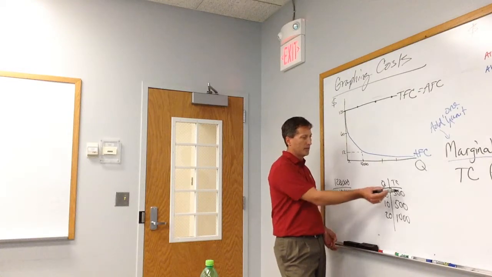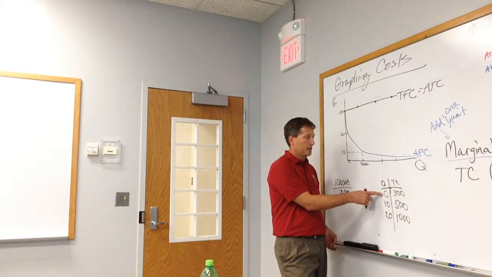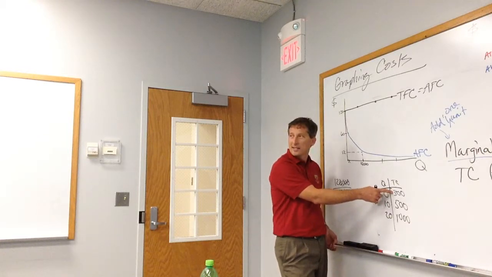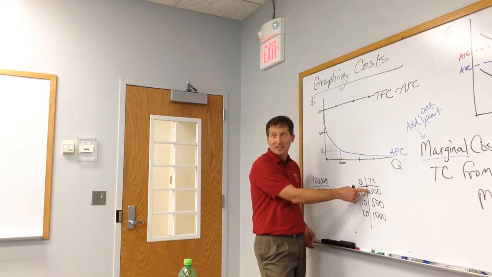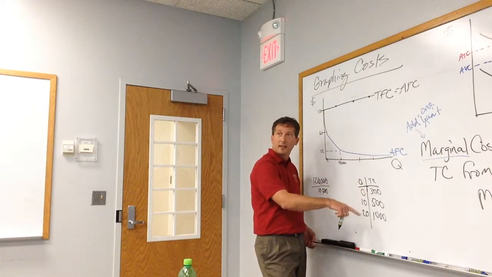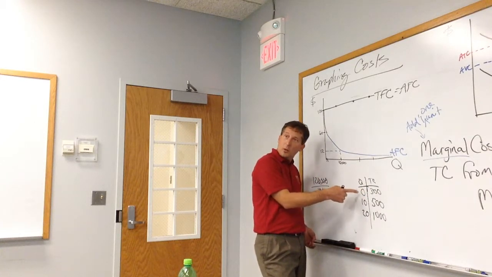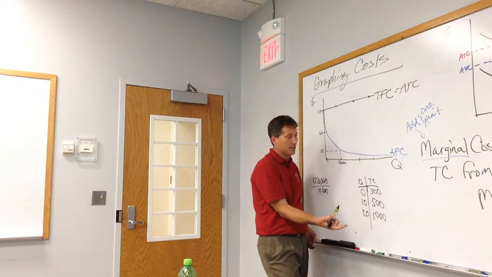Now wait a second. Oops, I screwed up, didn't I? If I have 0 quantity, that's got to be 0. It's your fixed cost. Good. You will see this in an example where you have to fill in the table or fill in the blank. Remember that when quantity is 0, all costs are fixed. So there still is some fixed cost, but there is no variable cost.